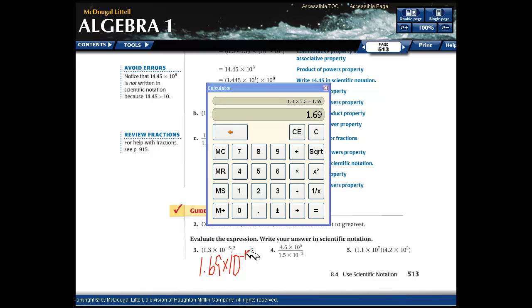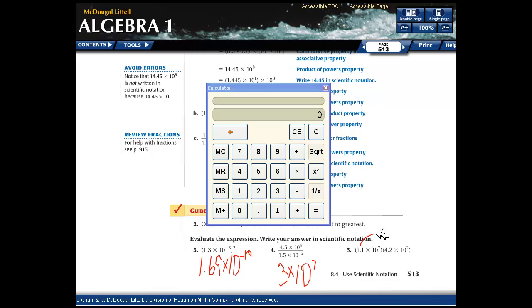And that is proper scientific notation, so I leave it just like that. Next one, I'm dividing 4.5, probably shouldn't even need a calculator for this. 4.5 divided by 1.5 is 3 times 10 to the, I'm dividing like bases so I can subtract the exponents. 5 minus a negative 2, 7. And that is proper scientific notation so that I can leave.